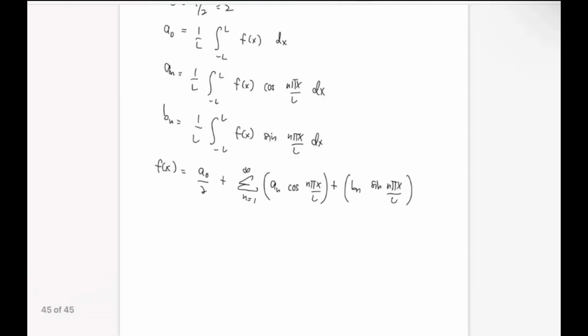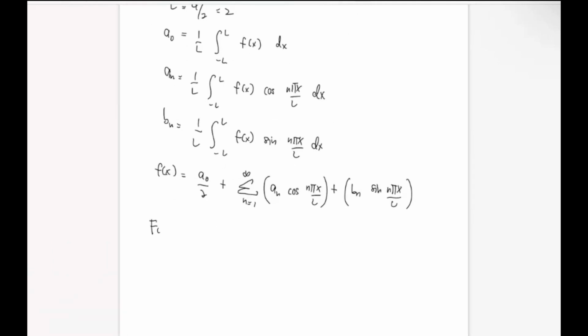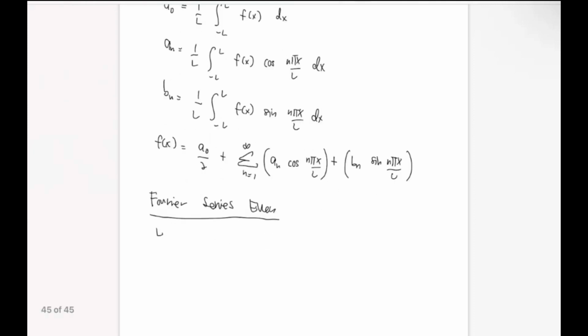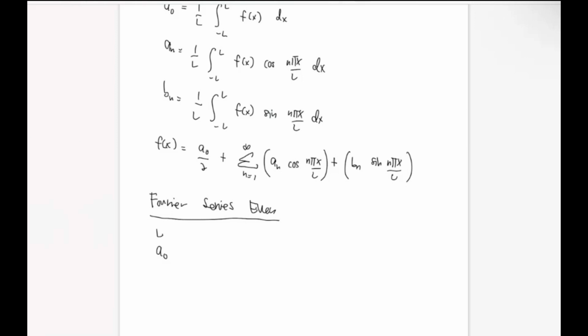Fourier series for even function. So first you determine the L, and then you determine the A naught, where A naught is given as 2 over L from 0 to L f(x) dx.